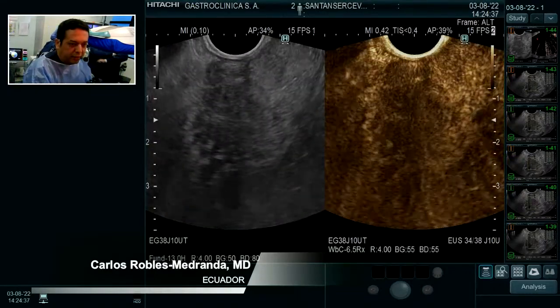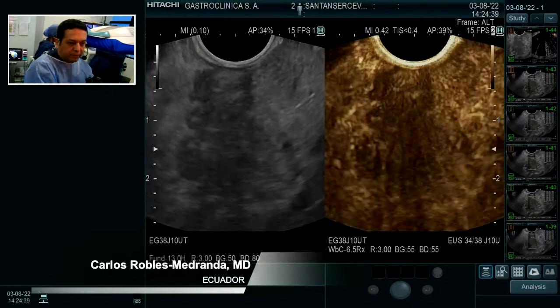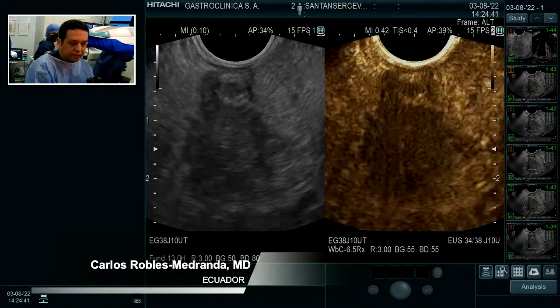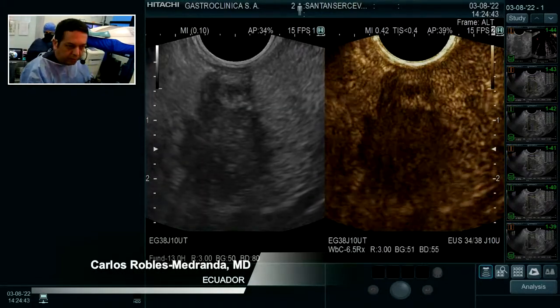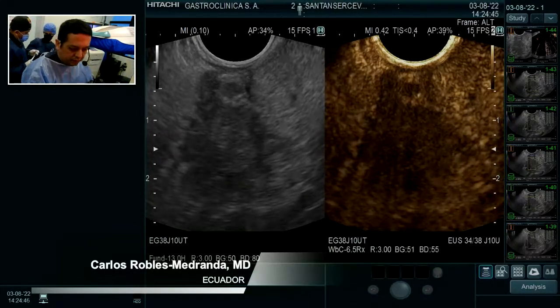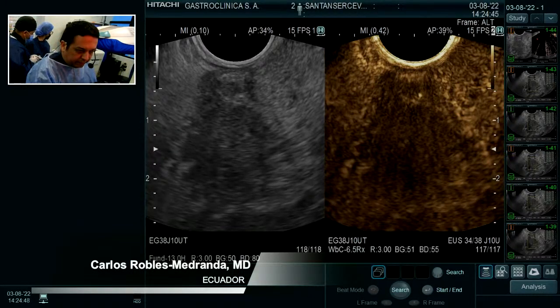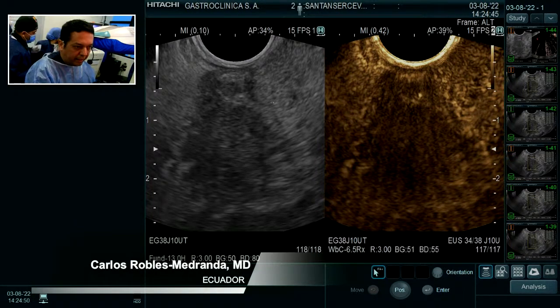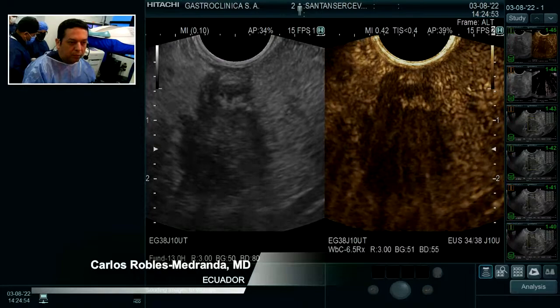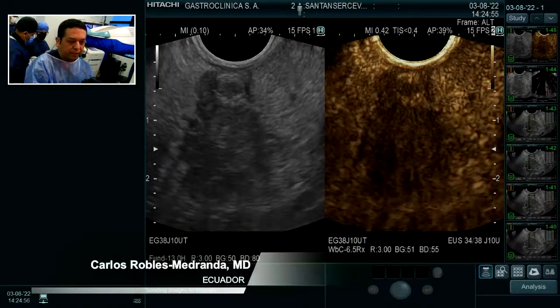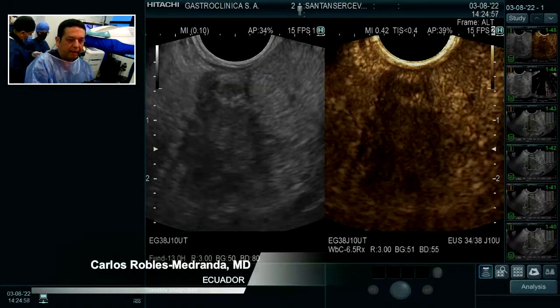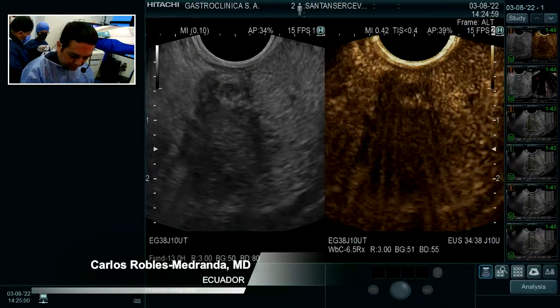We can see the lesion here very well. So you have the black and white image and the contrast image. We will see how the contrast can be measured using this new technology.